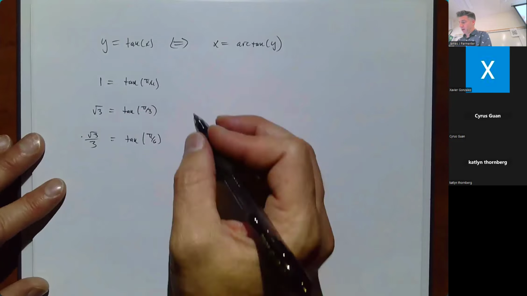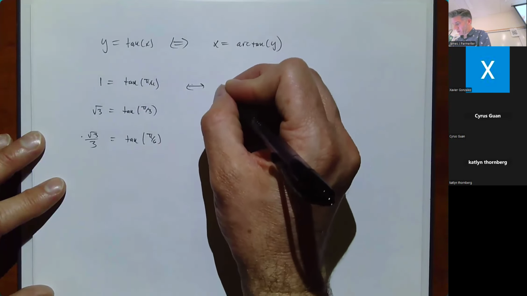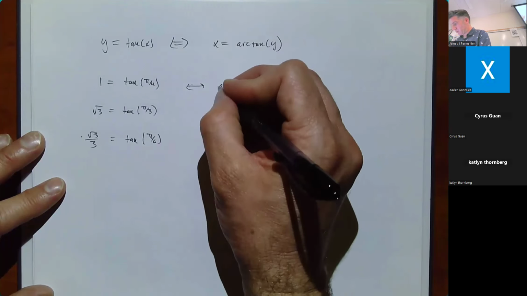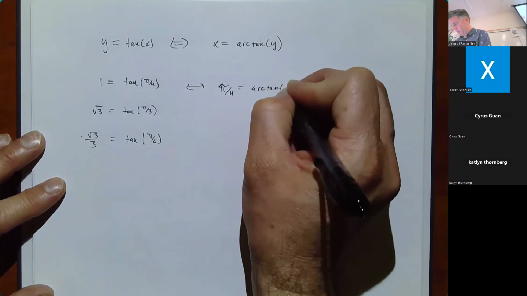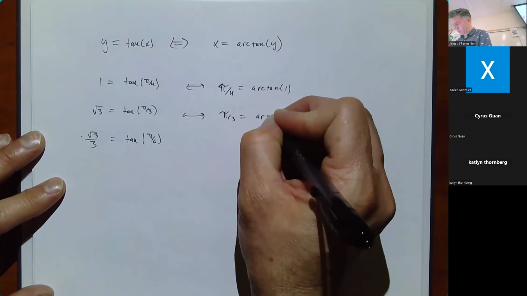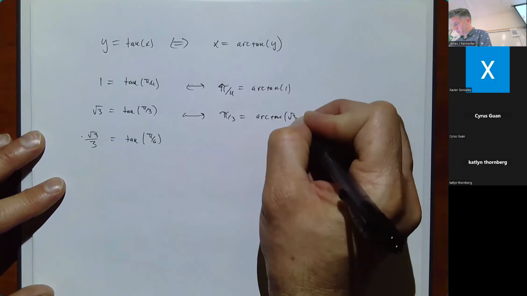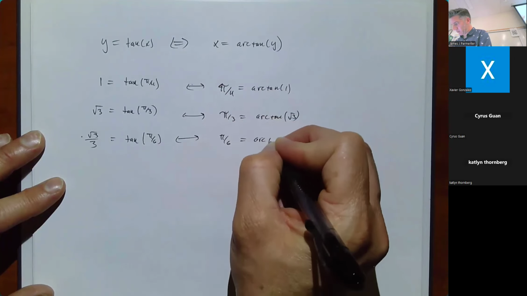And those all correspond to, let me write it the right way, pi over 4 equaling the arctangent of 1, or pi over 3 equaling the arctangent of root 3, or pi over 6 equaling the arctangent of root 3 over 3.